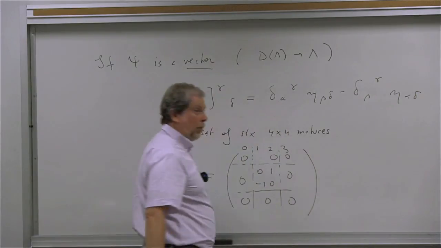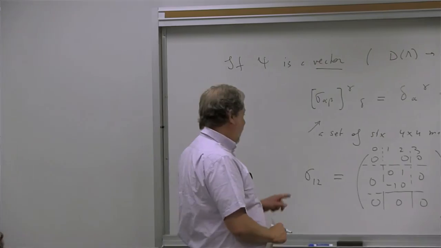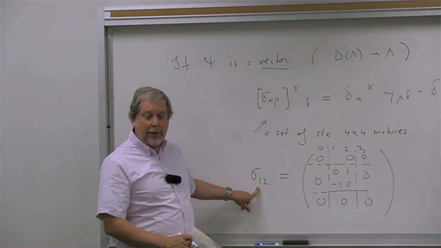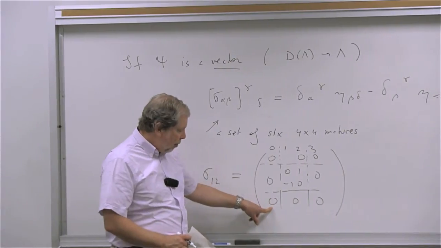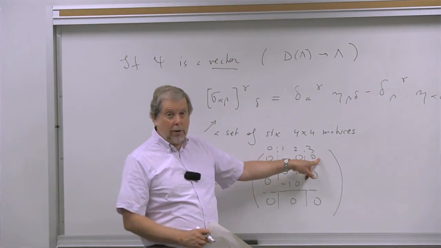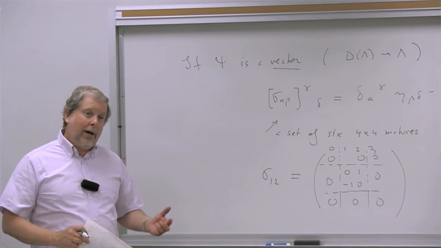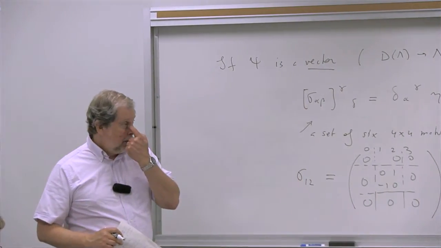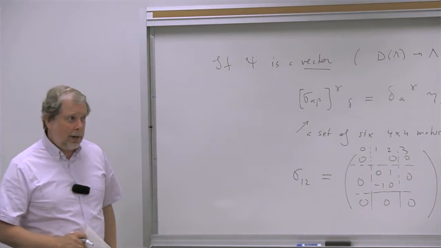So it looks just like that. There are only 2 entries which are non-zero. I'll let you guess what sigma 1,3 looks like. Sigma 1,3 is the same thing, except the -1 goes here at the bottom, and the 1 goes up in the top, and the rest is 0. So these are actually very simple matrices. This expression makes it look a lot more complicated than it is.